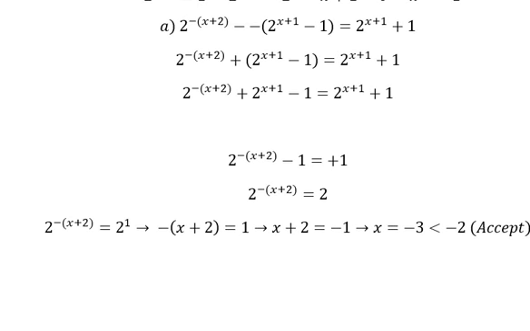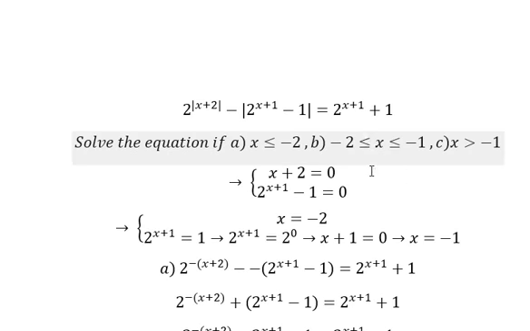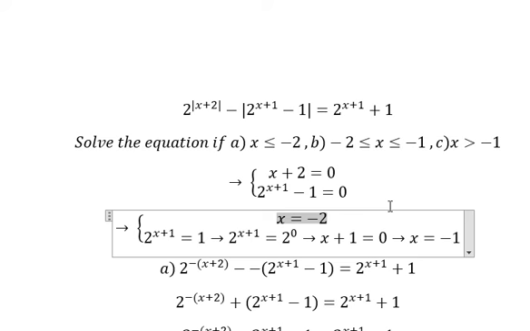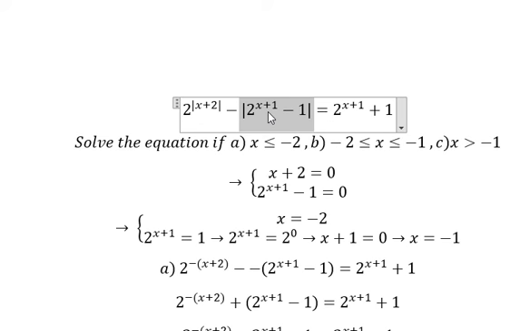Next one. When x between negative number 2, that's it from here, and negative number 1, that's it in here. But when x between this one, that one is still in the negative side, but this one in the positive.